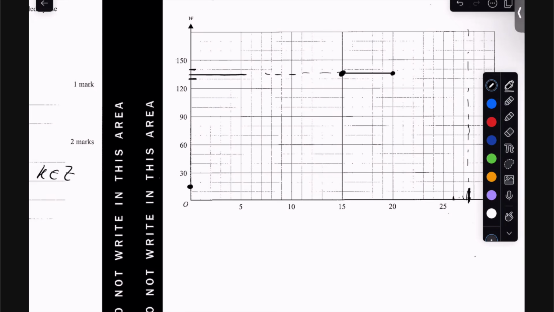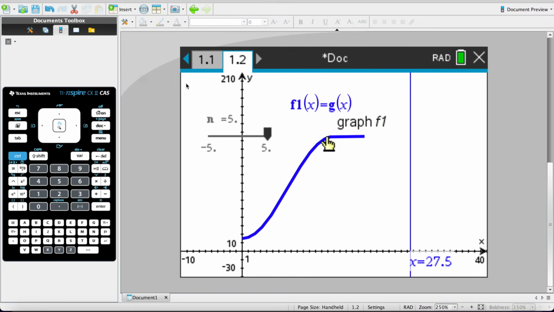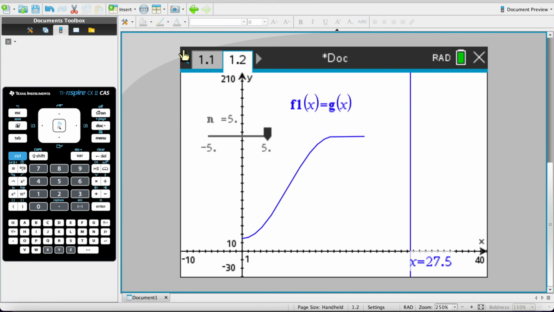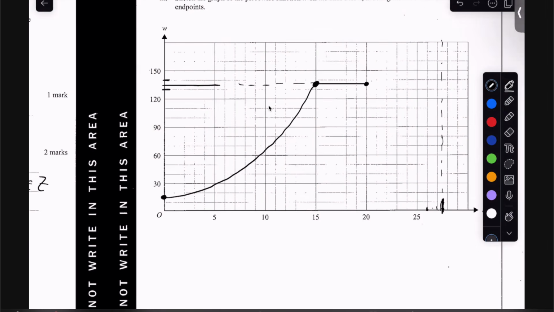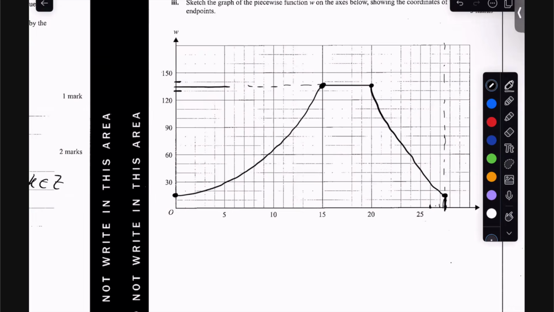And then it goes up like that, and then it just comes down but twice as fast. And it's probably finishing at 15 as well. So like that, but I'm going to make it a bit better. And that's that.